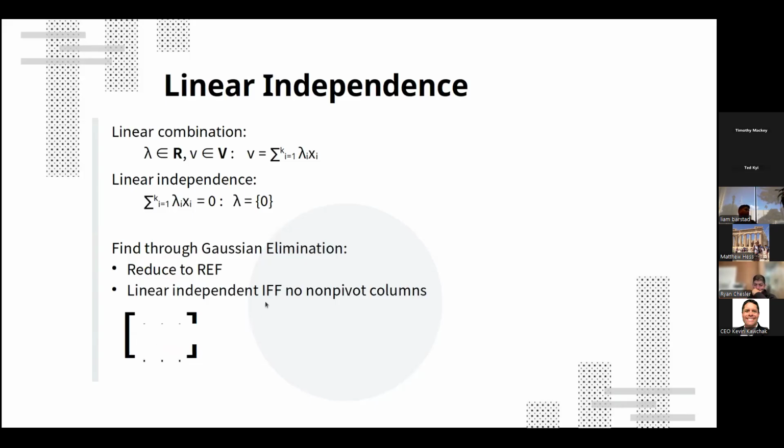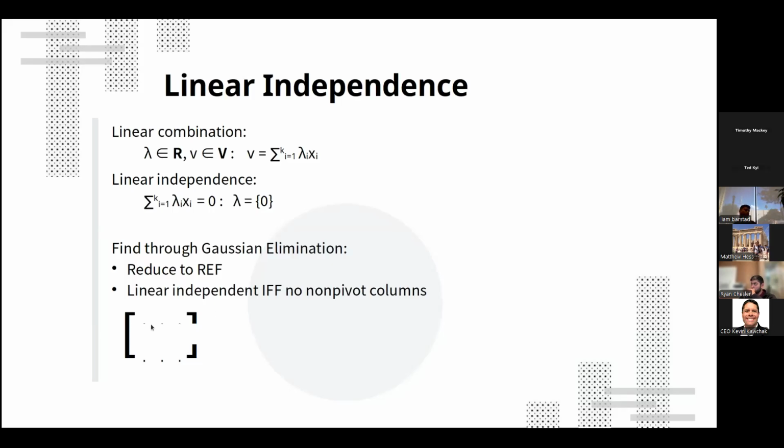If and only if there are no non-pivot columns, and each is a pivot column, then it is linearly independent. And I believe this also means it has full rank. I'll talk about that later. Anyways, it's linearly independent if and only if there are no non-pivot columns.